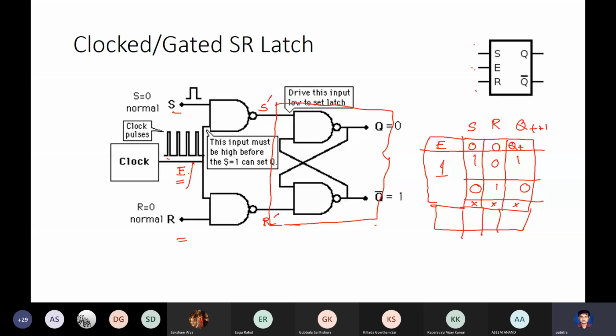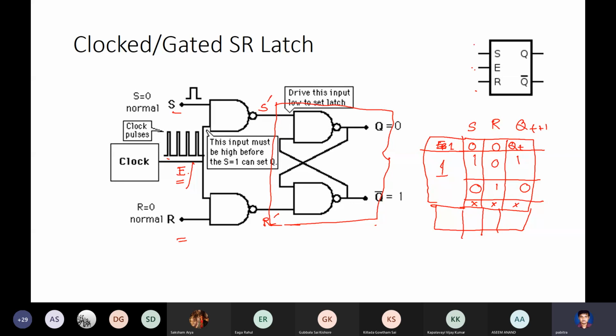So on 0 0 input it will hold, on 1 0 input it will set, and on 0 1 it will reset. Only when enable is 1, these actions will hold.